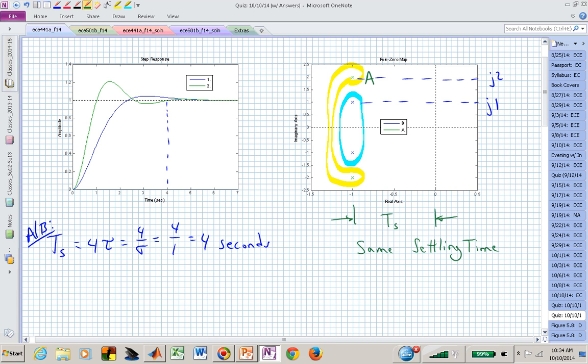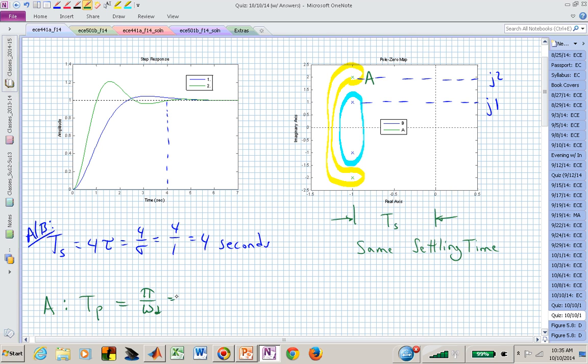We can now use that information to help us learn a little more about the quickness of the peak. If we look at the peak time for point A, the time to peak we have learned is pi over omega d.